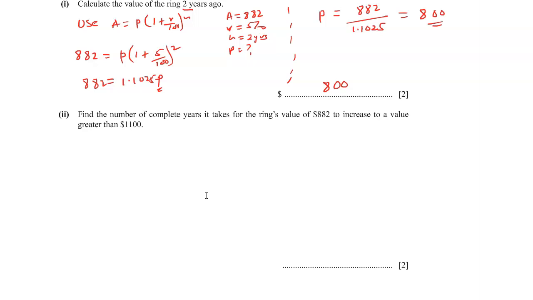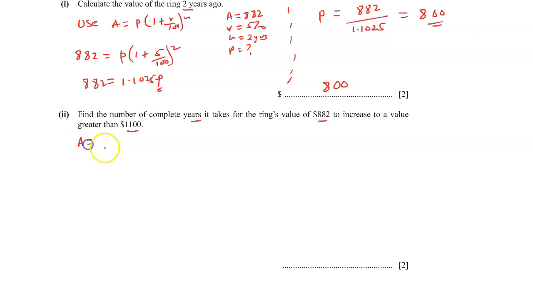Part 2. Find the number of years it takes for the ring's value of 882 to increase to a value of this. We want the year.